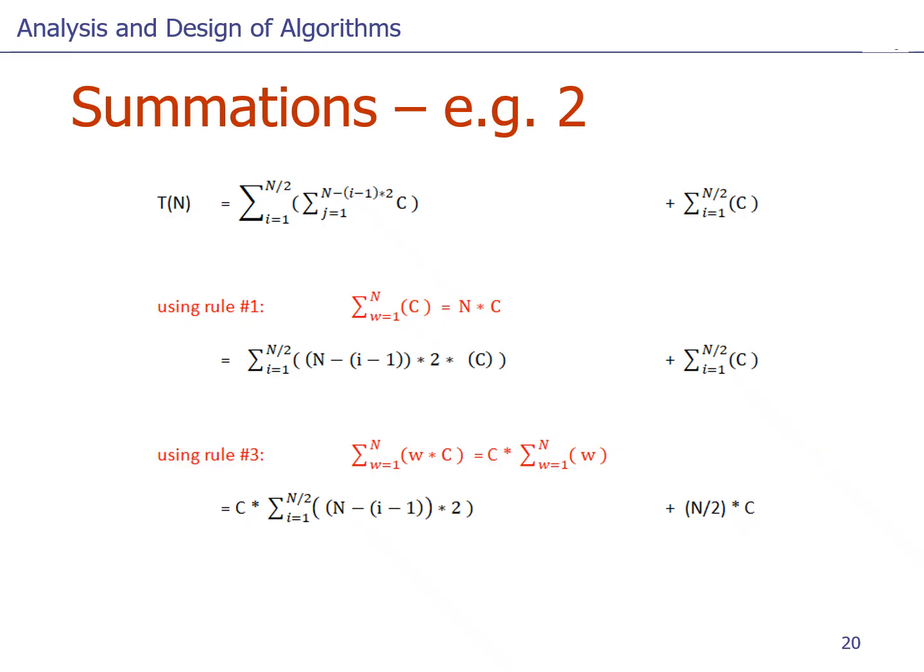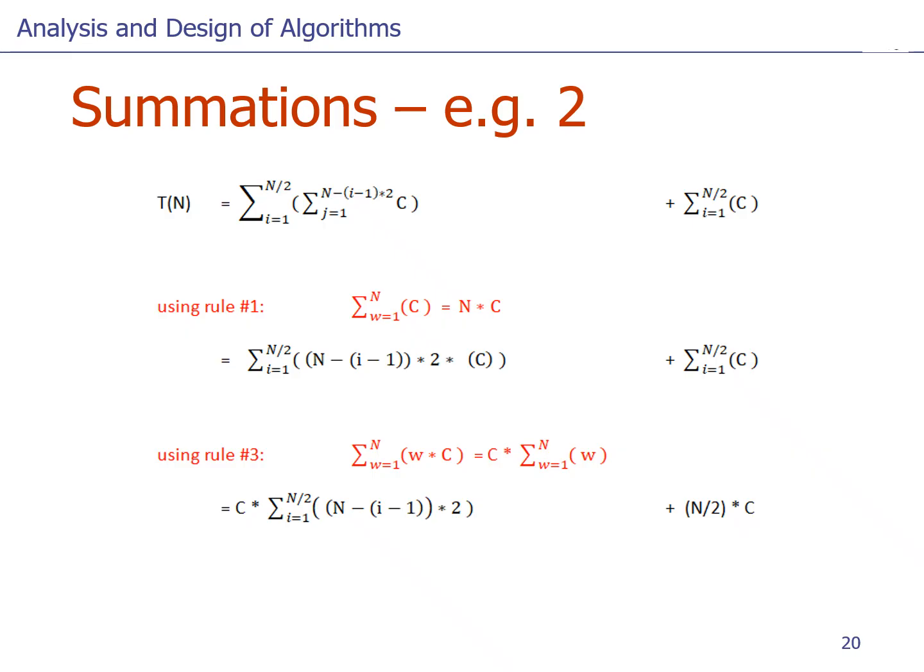The innermost summation here, which is j equal to 1 till n minus i minus 1 multiplied by 2, I will think of all of this as the n, and consequently all of it will be multiplied by the c, and that's what you see in the second line here. I've just taken this upper term and multiplied it by the c.